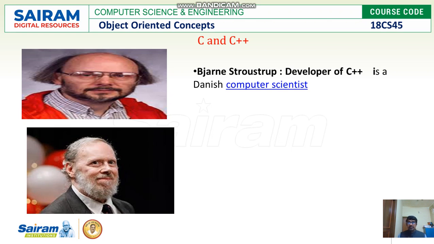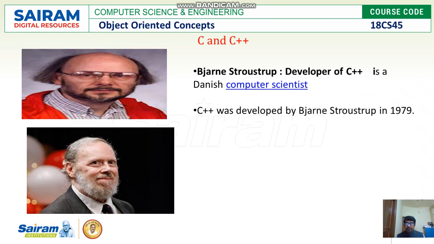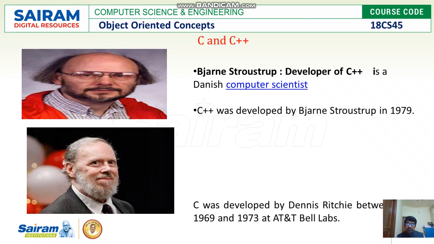C++ was developed by Bjarne Stroustrup. We can see on the screen he is a Danish computer scientist, and it was in the year 1979. And C was developed by Dennis Ritchie in the year 1969, at AT&T Bell Labs.